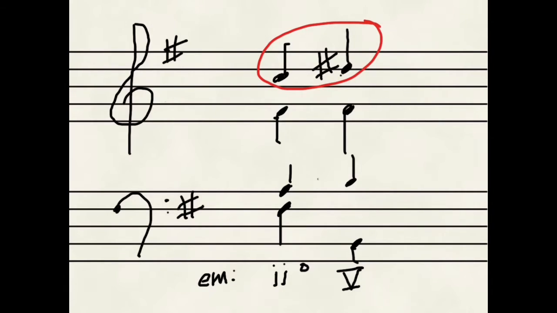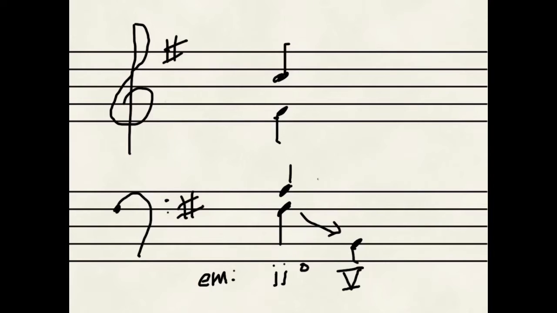So, how to correct that? Well, let me erase these upper voices. Another method of connecting chords that are fifth apart is to go in the direction of the fifth. And since this fifth goes down, we'll take all of these voices down.